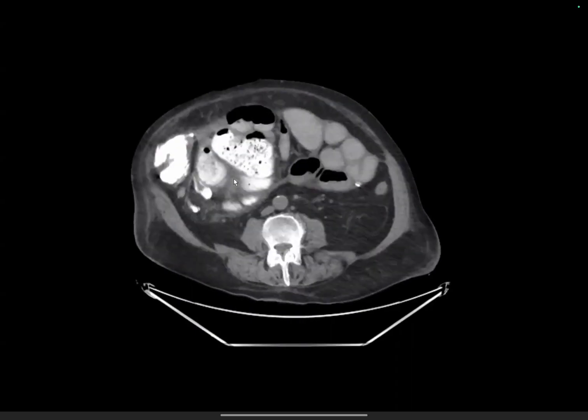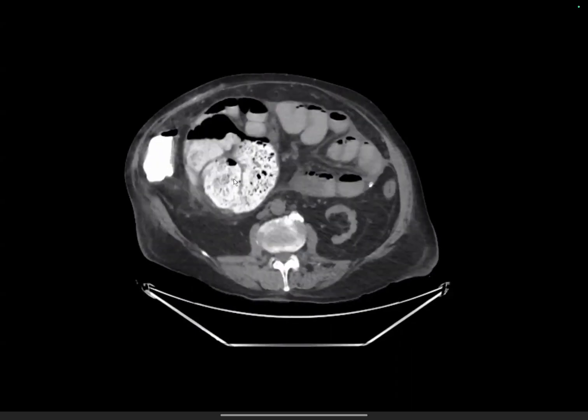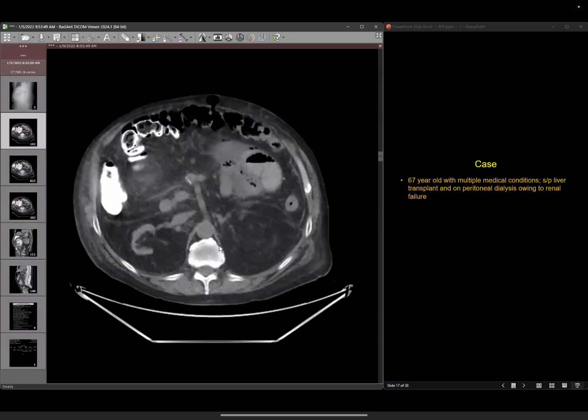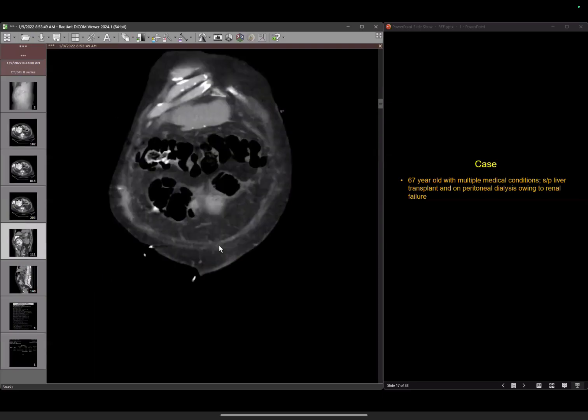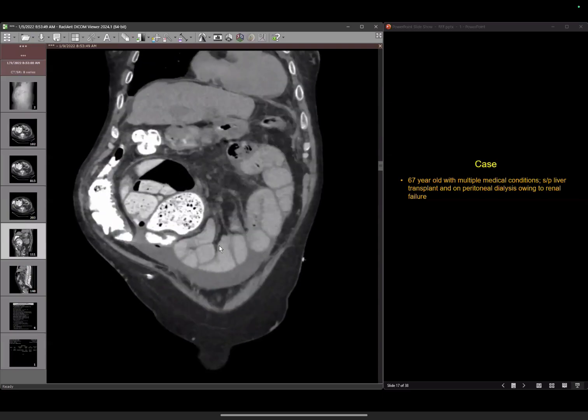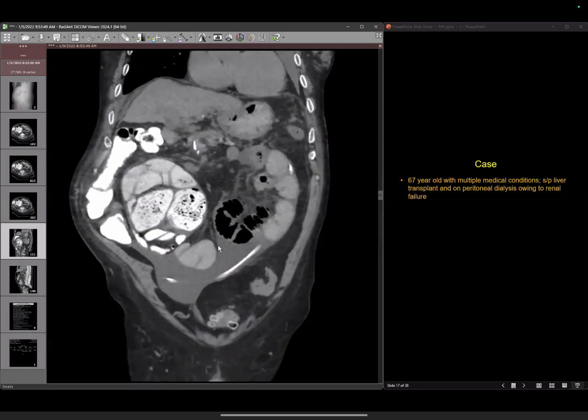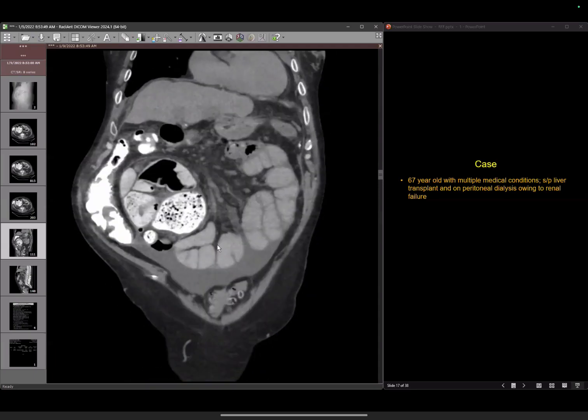So basically, the mesentery and the peritoneum is diffusely hazy, and the bowel loops appear to be all grouped close to each other.